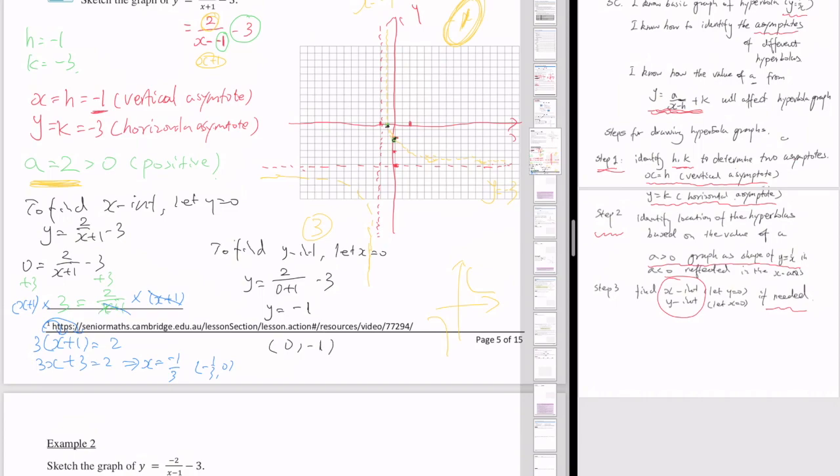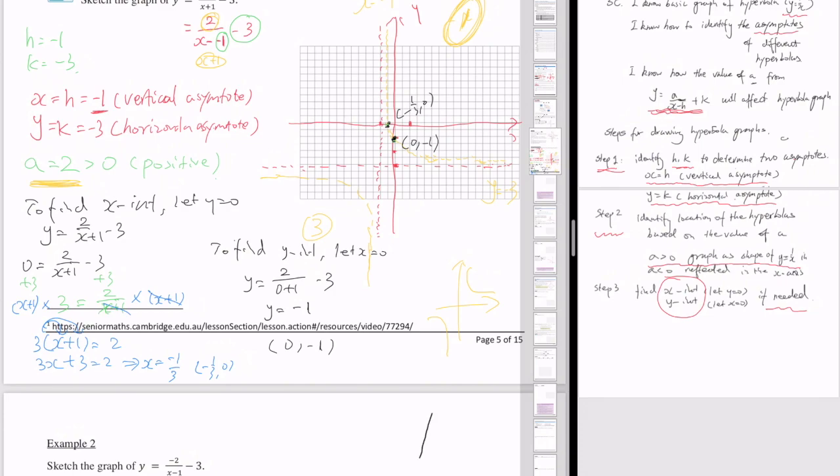Now we can go back to label this. This is my negative 1 over 3, 0, my x-intercept. My y-intercept is 0, negative 1. Okay, so this is how you draw a hyperbola.